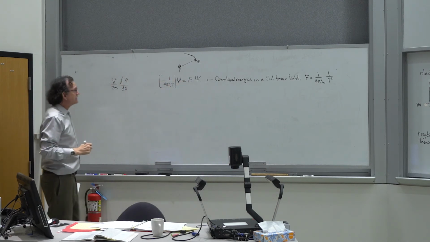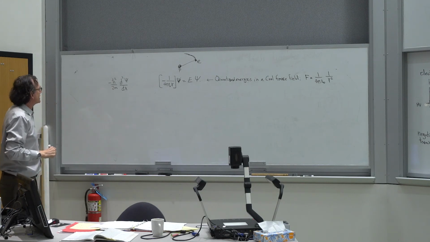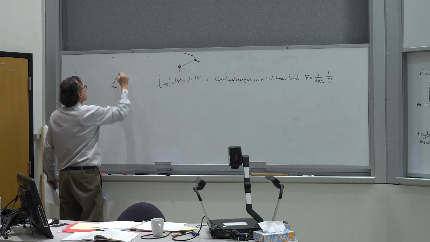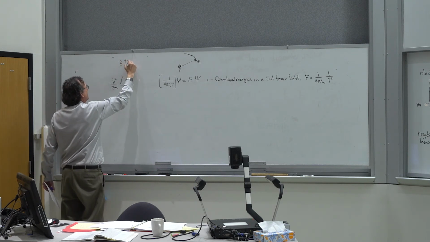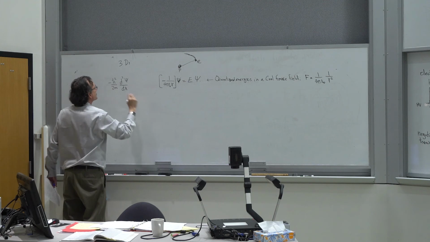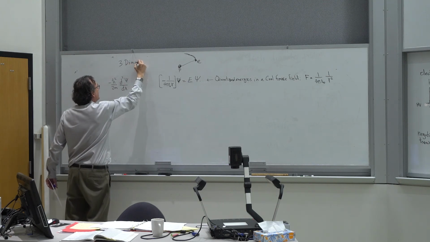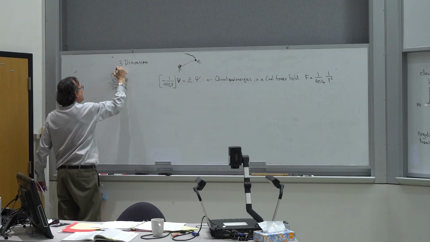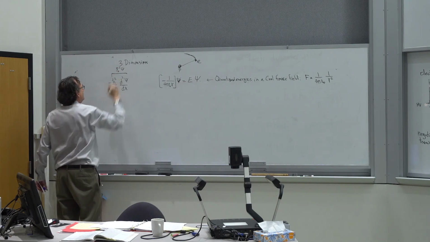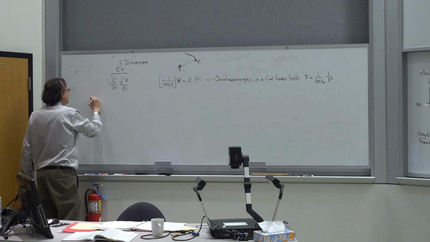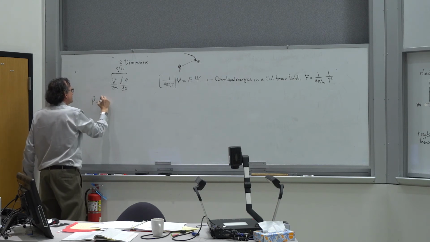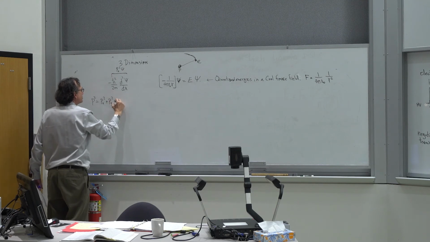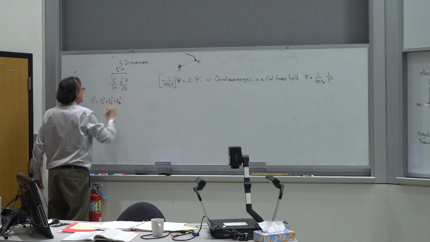Now, still have 2 minutes left, so I'll stop in just a second. So, in addition to this now, we have to solve the problem in 3 dimensions. Right? This is a 1-dimensional equation that we've been doing up till now. But in 3 dimensions, remember this was equal to px squared times psi, and in general, momentum in 3 dimensions squared is the Pythagorean theorem sum of px squared plus py squared plus pz squared, right?